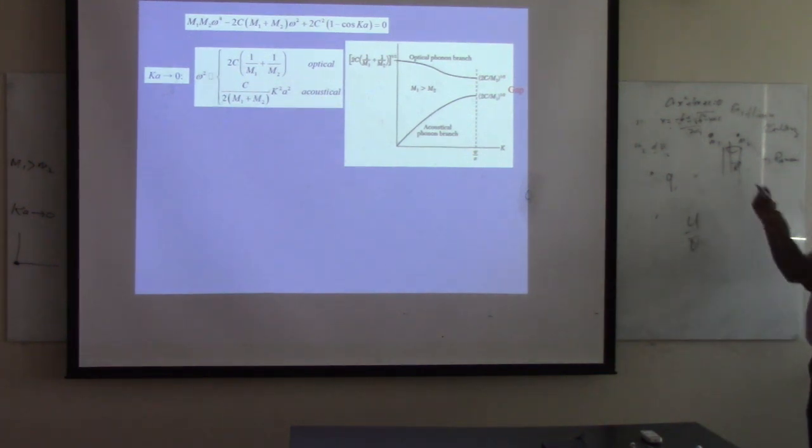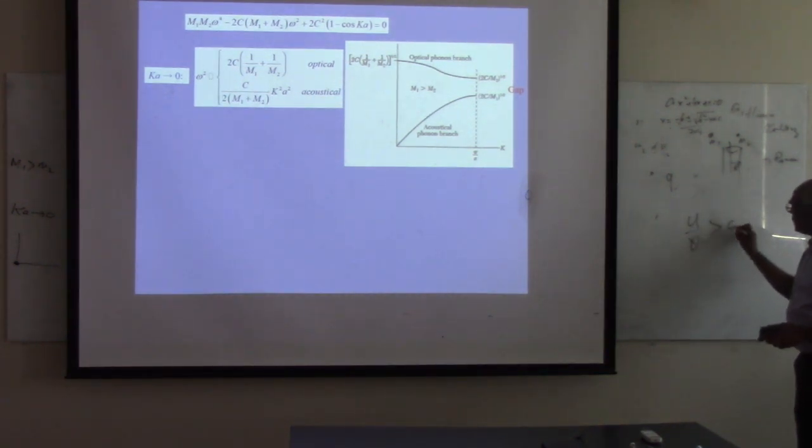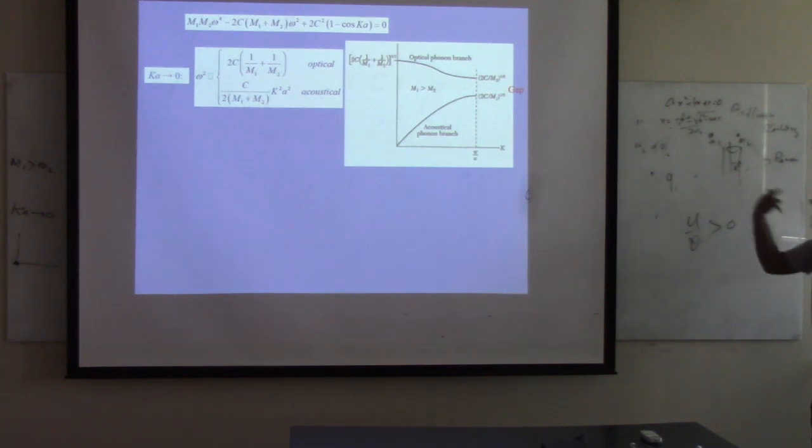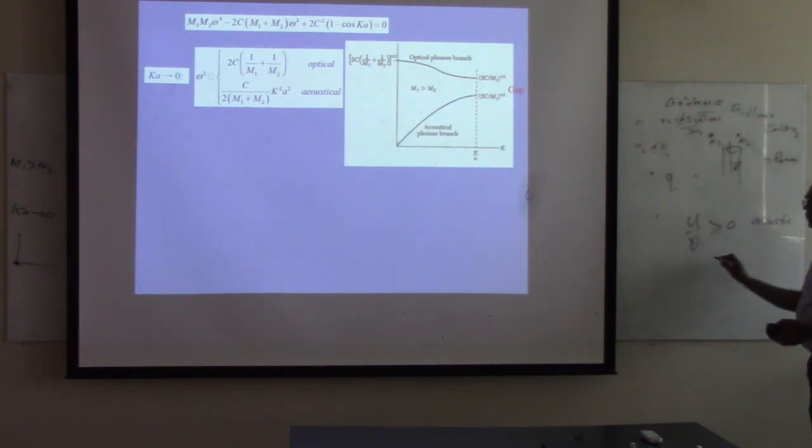They both go in the same direction. U over V positive means when one goes up, the other one also goes up. This we call acoustic. If U over V negative, that means one goes up, the other goes down. This we call optical mode.